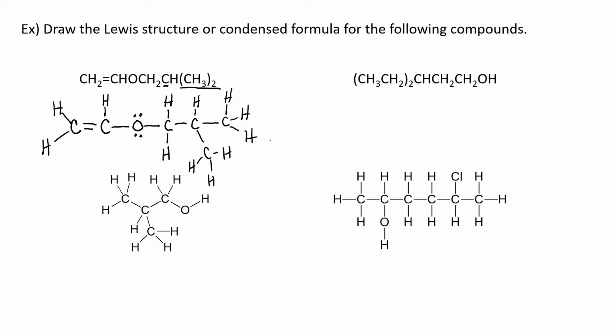The next molecule has a different group in parentheses. This is what we call an ethyl group, which we'll learn about in chapter 4. But there are 2 of these 2 carbon chains attached to our carbon. So let's start with this carbon. I know that it has a hydrogen. That hydrogen is attached to the carbon. And now let's put our 2 CH3 groups on there.